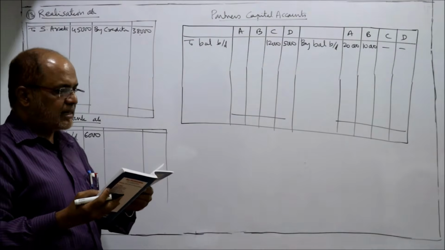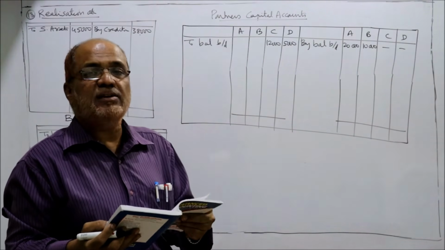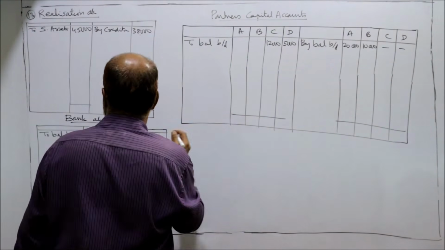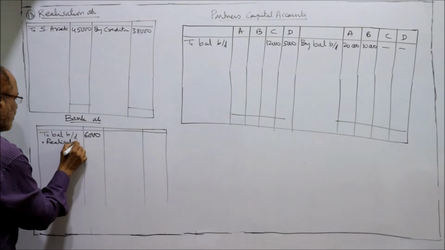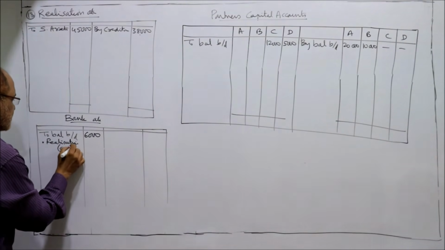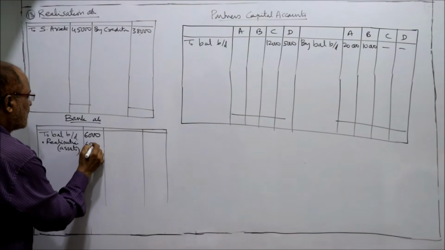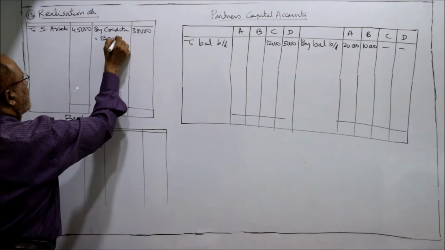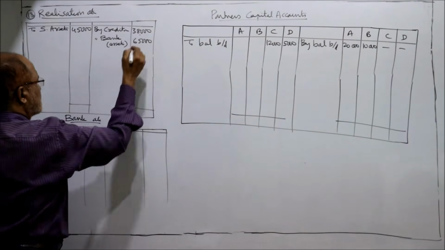Now all the assets are sold. The assets realized, sundry assets 55,000 and goodwill 10,000. 65,000 rupees are realized. So bank account debit to realization. Assets realized 65,000. तो realization account credit side by bank 65,000.